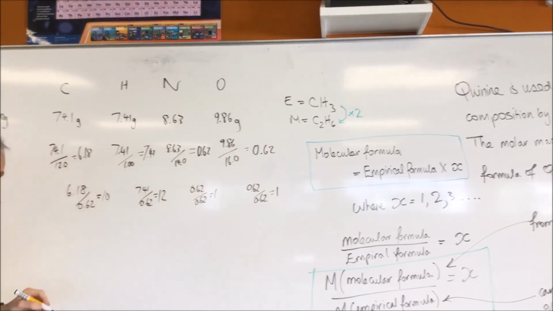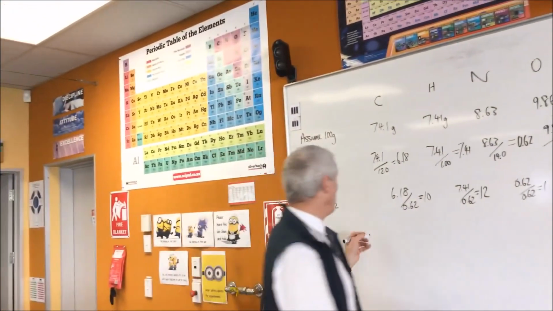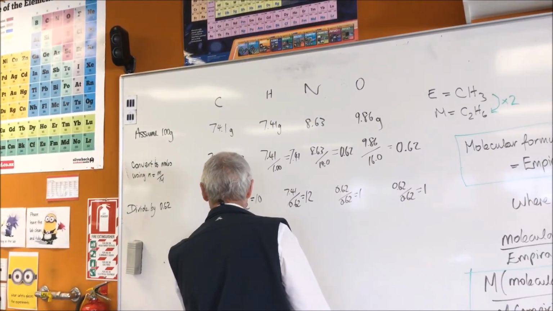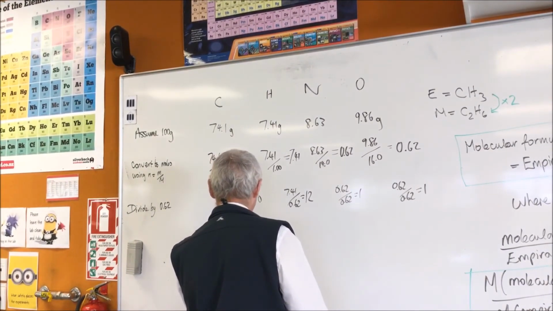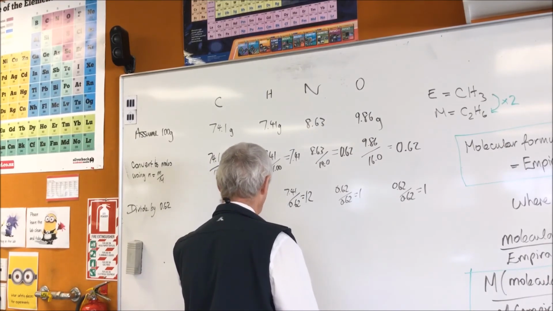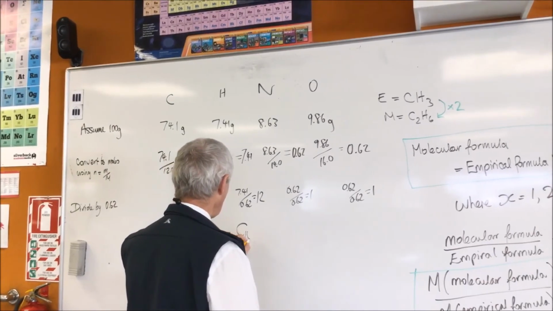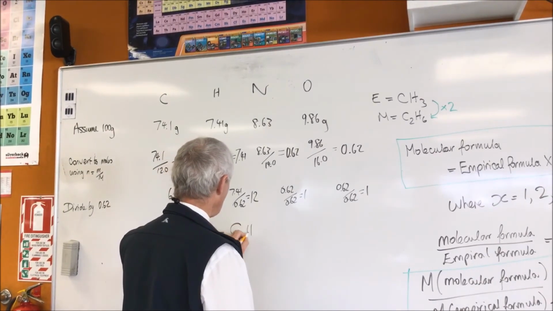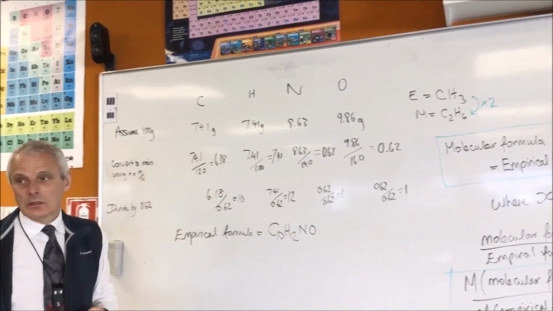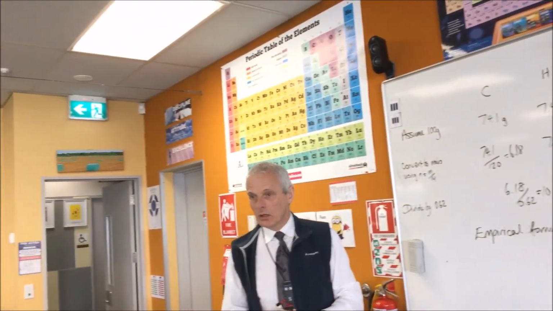So what this is telling us, and this is what you should do at the end, is the empirical formula is C10H12NO. Okay? Now just a quick word about molecular formula.